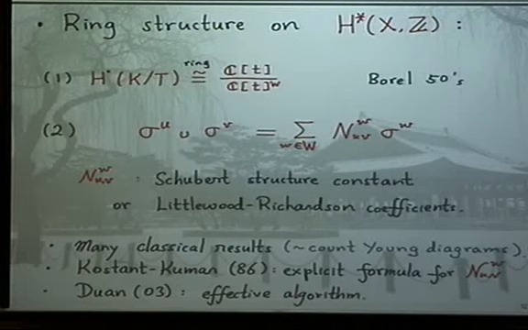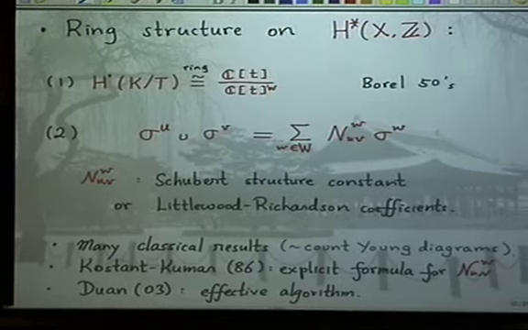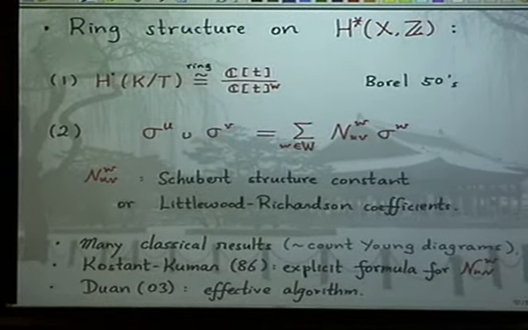And those are, in the case of Grassmannians, called Littlewood-Richardson coefficients, and sometimes people still call them that in the other cases, but other people object and call them Schubert structure constants. Well, it's just an intersection number here. Okay. So of course, there are just so many classical results here in terms of Young diagrams, a lot of combinatorial description of this. I won't be able to describe all of them here.